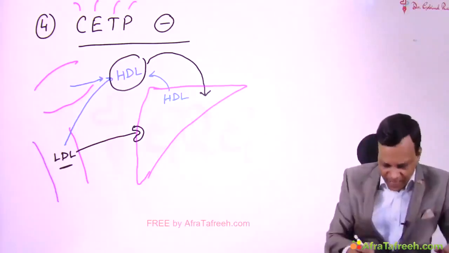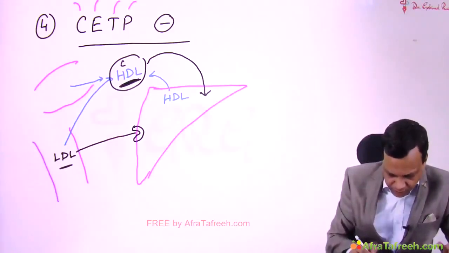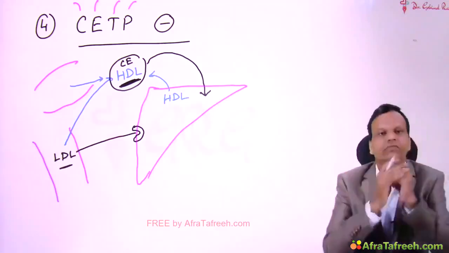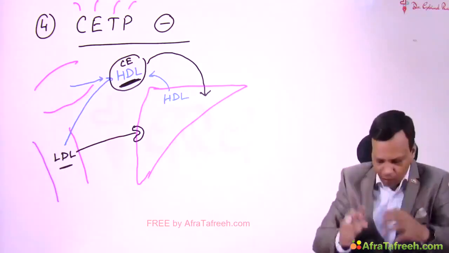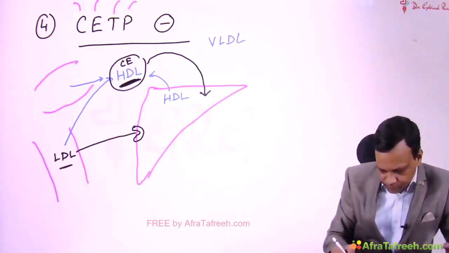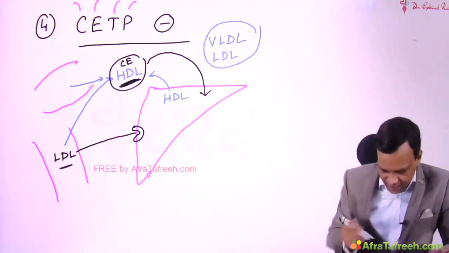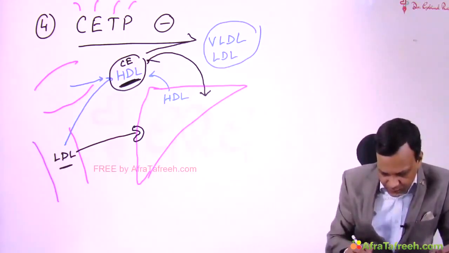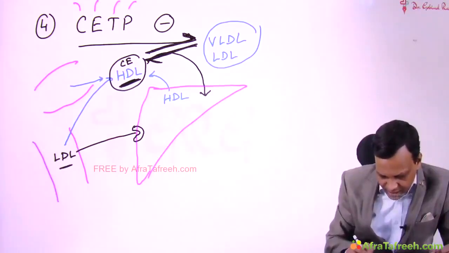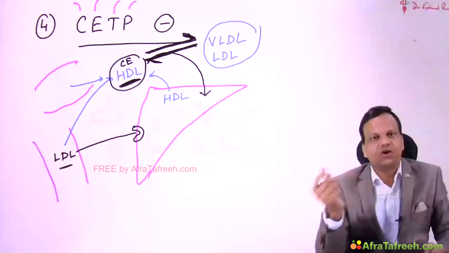Now what happens when HDL has taken up the cholesterol from the peripheral tissues? In between, VLDL, LDL etc. will meet it, and they say, let's do an exchange program. They will say, you take up our triglycerides and give us the cholesterol ester.